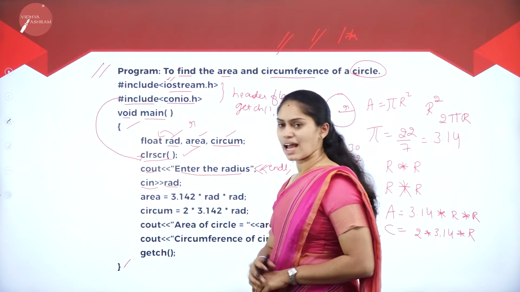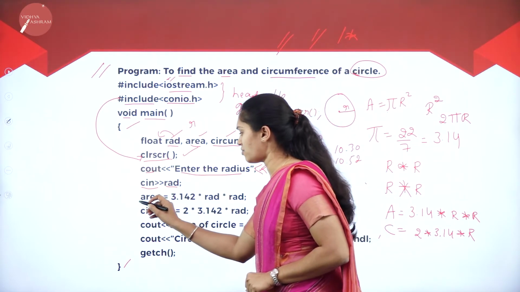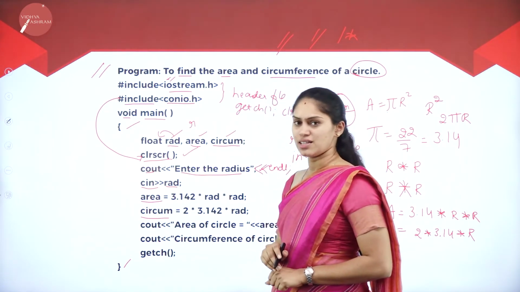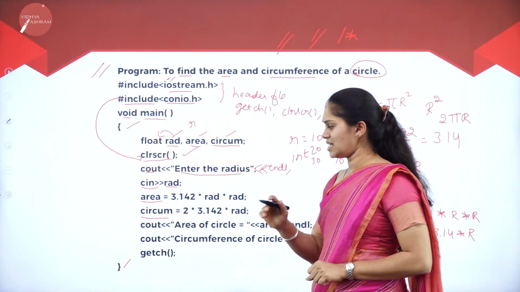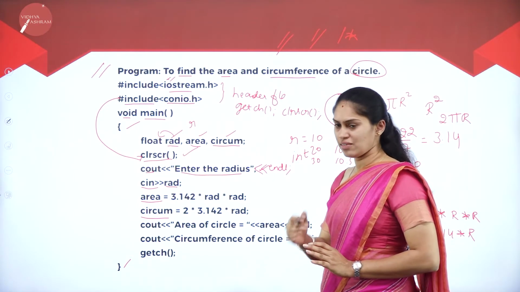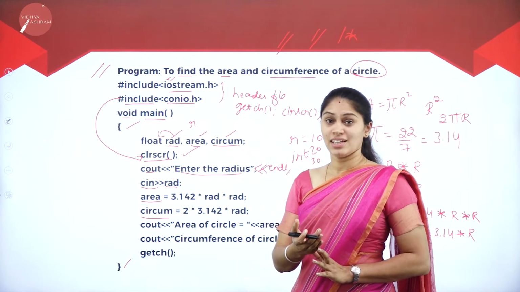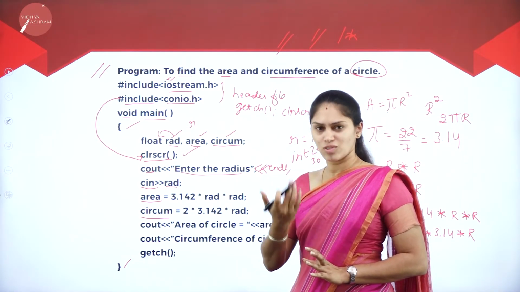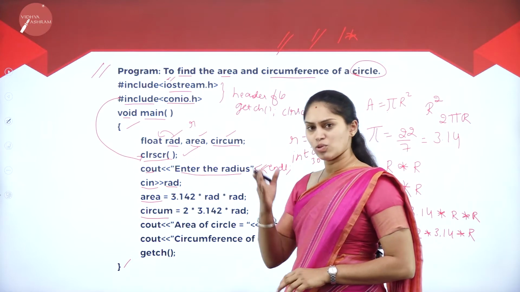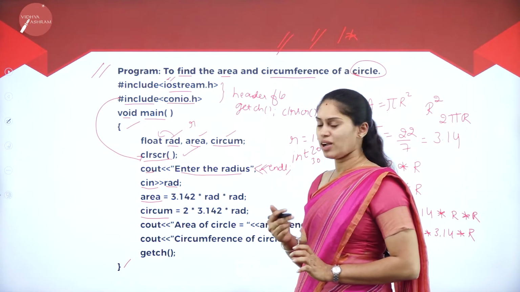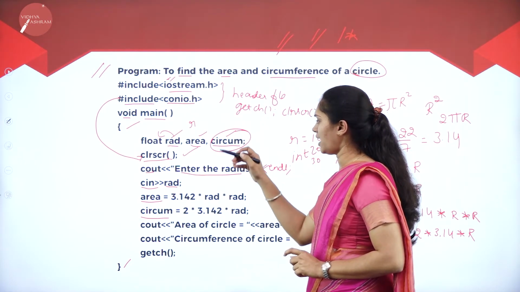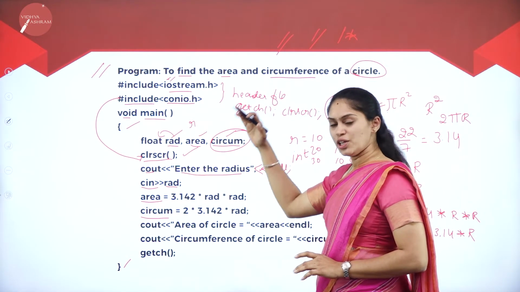Next we know the calculation part. We are finding area and circumference. Ma'am, why are we taking only CIRCUM? Can we write it as the complete word circumference? Yes, you can take that as circumference, or else you can also take that as CIR only. Why? Because whatever you declare, you have to use throughout the program.